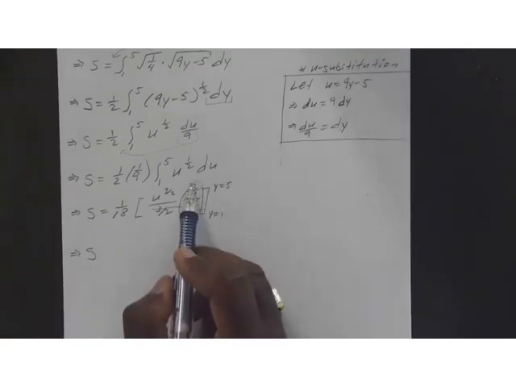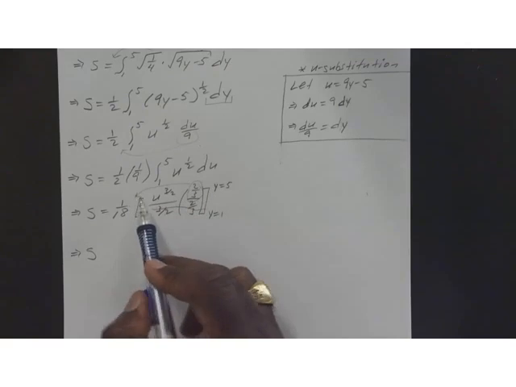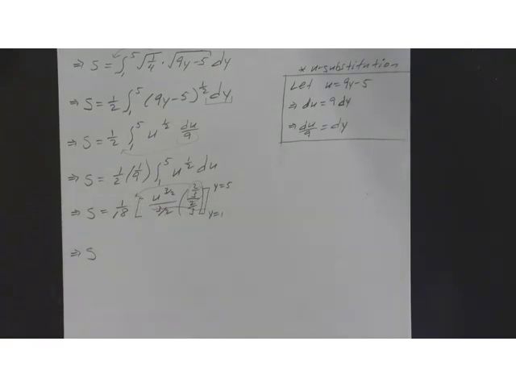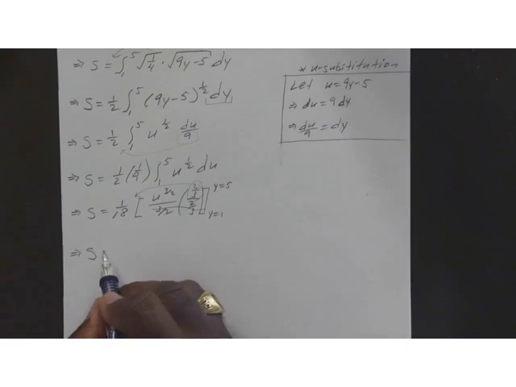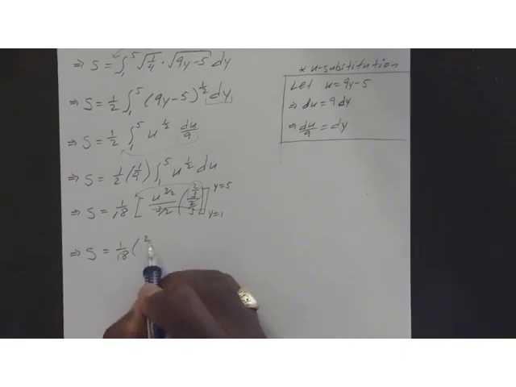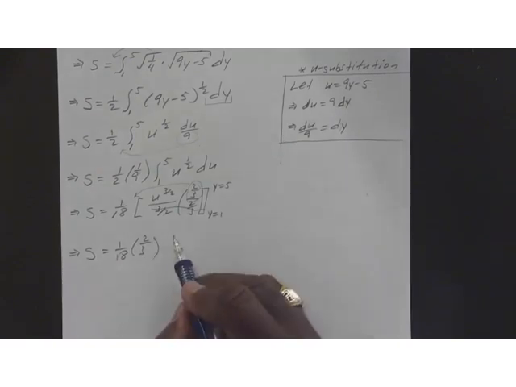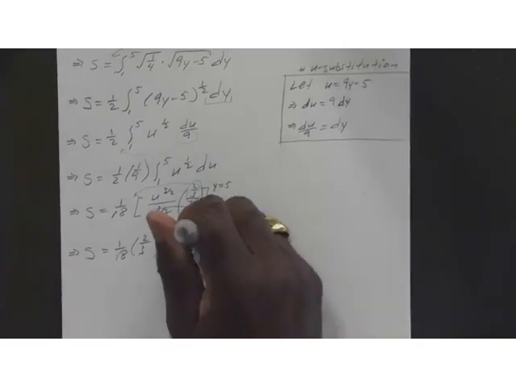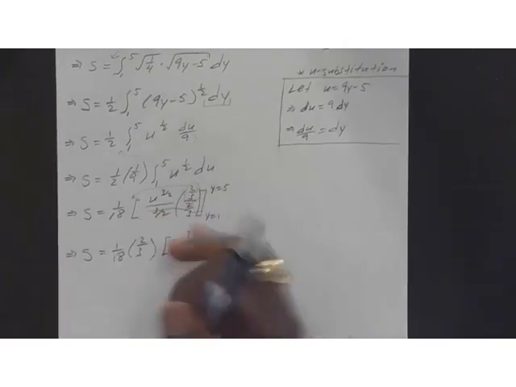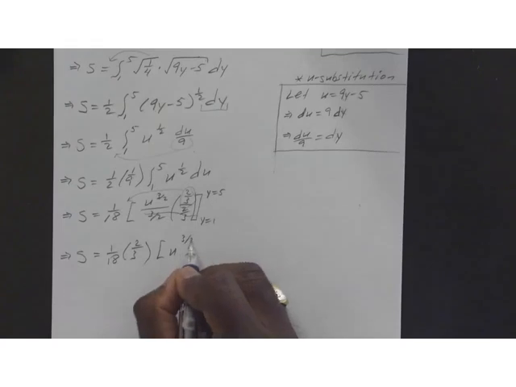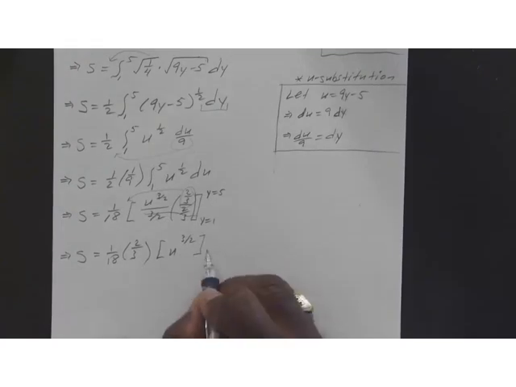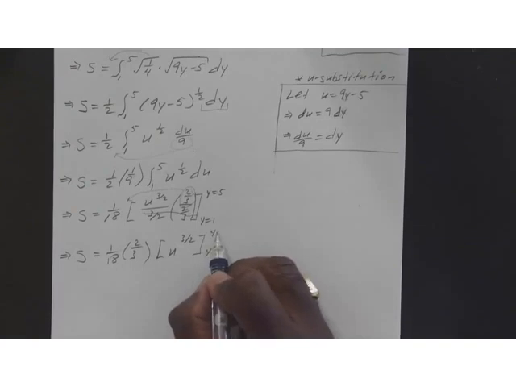And this 2/3, we can just factor right out to the front. That gives us 1 over 18 times 2/3 times u to the 3/2 power, from y equals 1 to y equals 5.